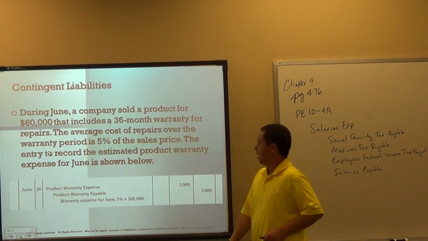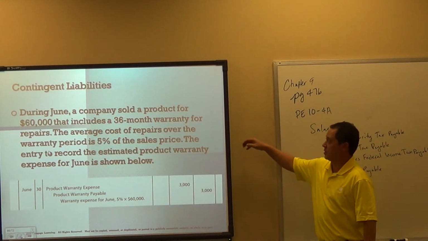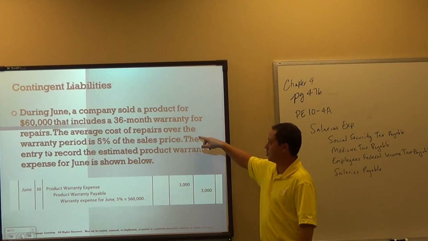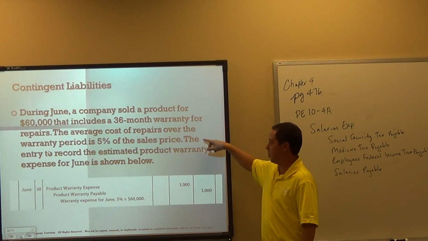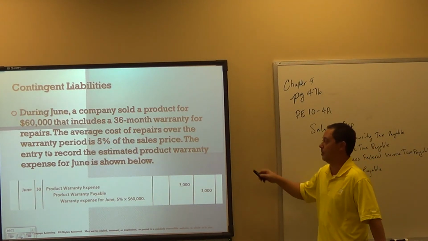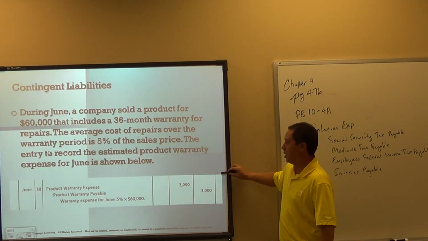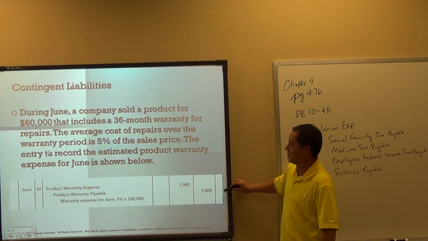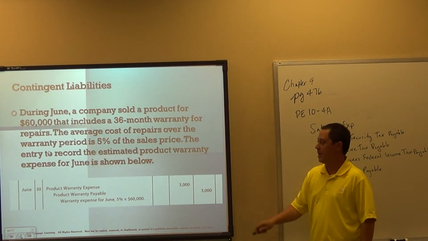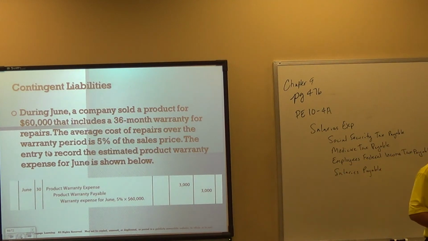So what we may do is put away some of these amounts. During June, a company sold a product for $60,000 that included a 36-month warranty for repairs. The average cost of repairs over the warranty is 5% of the sales price. The entry to record the estimated product liability for that: because it's 5% of that value, that's where we come up with $3,000. So we put in there a warranty payable.